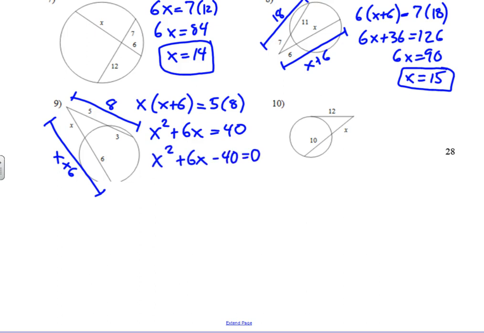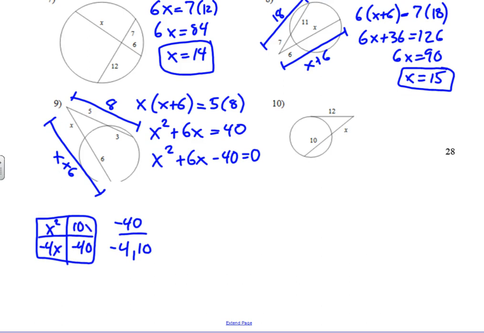So what do we have for our options to solve? Well, we could factor it. We could use the quadratic formula. We could complete the square. This one to me is a shortcut case. It looks set up for factoring. X squared and negative 40. So what are the factors of negative 40 that add to be positive 6? Negative 4 and 10. So negative 4x and 10x.